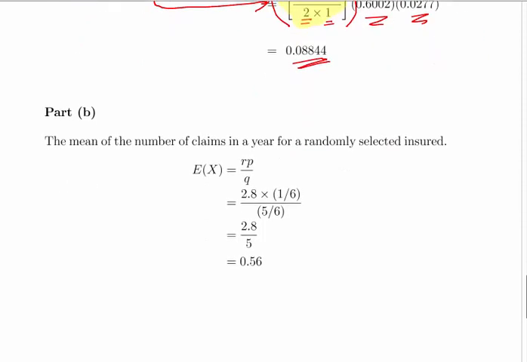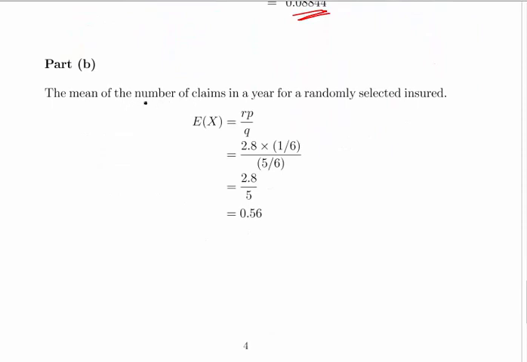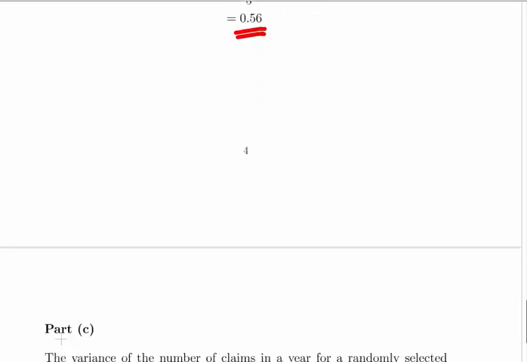The mean of the number of claims is, according to our setup, r times p divided by q. That is 2.8 times 1 over 6 divided by 5 over 6, which is 2.8 divided by 5, and that is 0.56. That's straightforward enough.